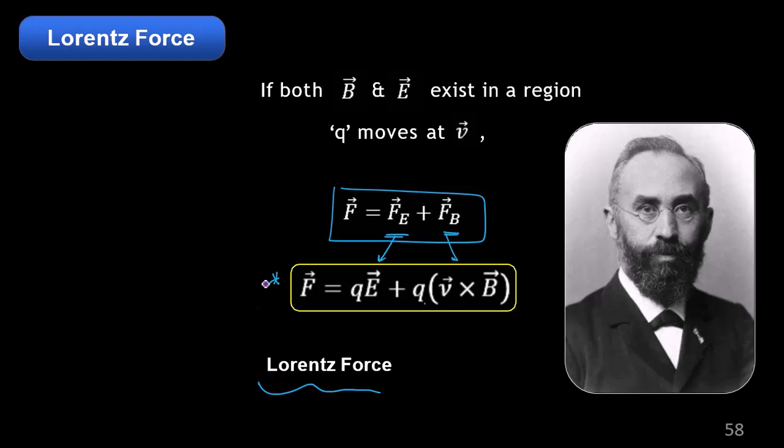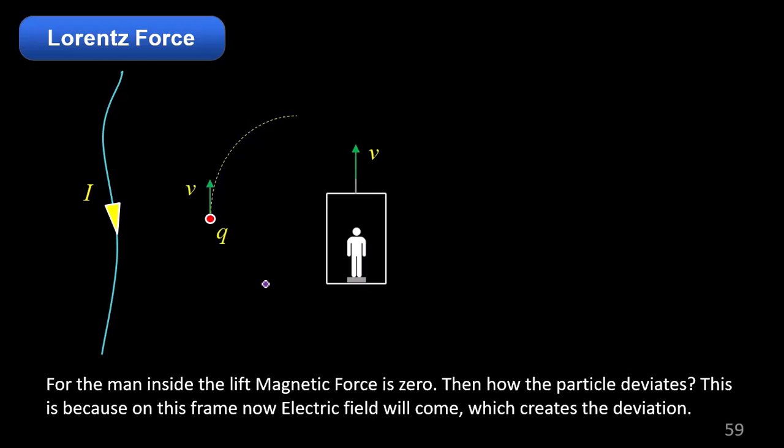So the Lorentz force is a particular type of force acting on the particle whenever there are both an electric field as well as a magnetic field. Under the presence of both, the particle will experience a Lorentz force.